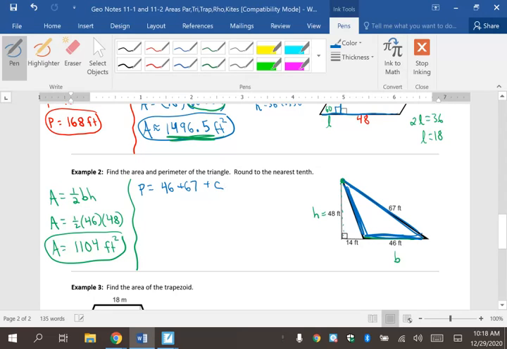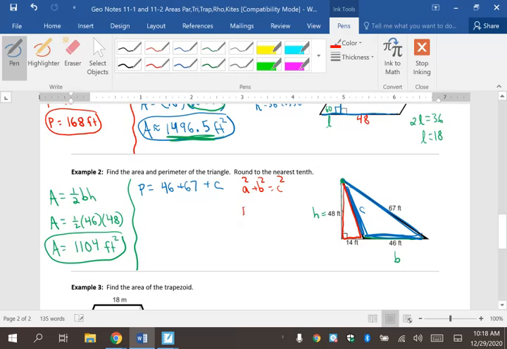Let's call it C, because that is going to be the hypotenuse of the triangle we're going to be working with over here. So let's go ahead and find C, and we're going to find it by using the Pythagorean theorem. Again, a lot of review of chapter 8 on trigonometry is in this chapter on areas.